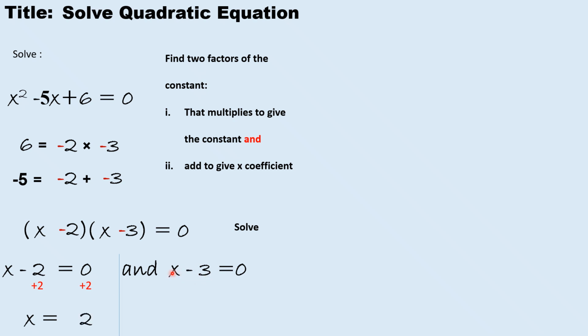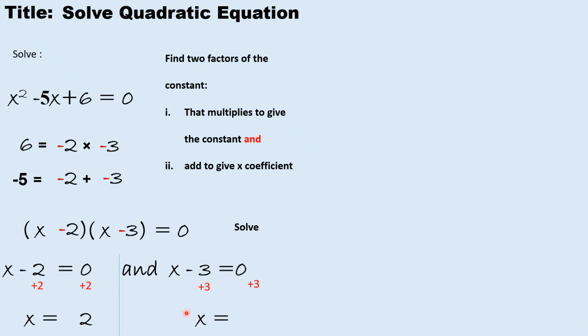And then let's solve the next part, x minus 3 being equal to 0. Again, undo the last operation done to x, and the last operation done to x here is minus 3. And the reverse of minus 3 is add 3. So we add 3 on the left-hand side of the equation and add 3 on the right-hand side of the equation as well.